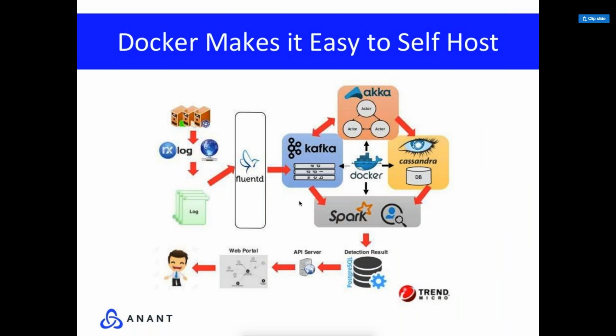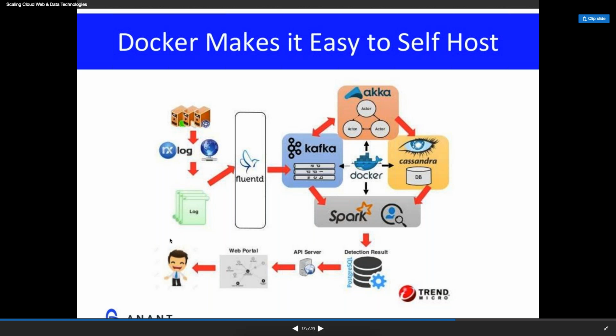So let's say this is a use case from TrendMicro. TrendMicro does threat detection. They have virus software, and what they want to do is report incidents to people. I like showing this example to folks.